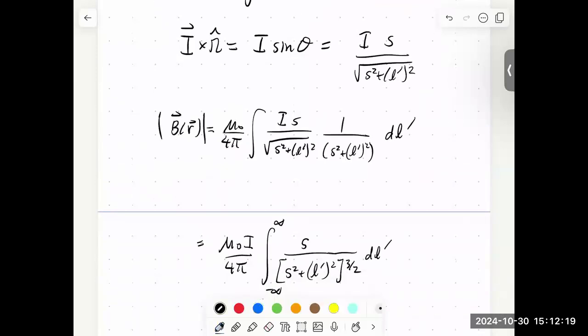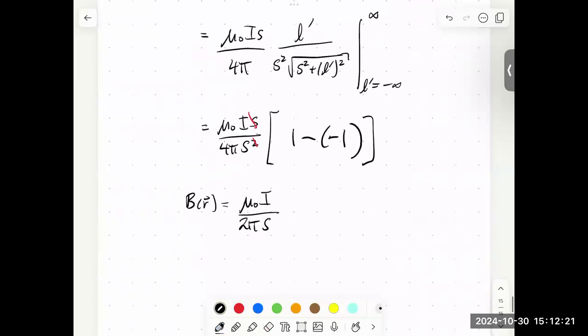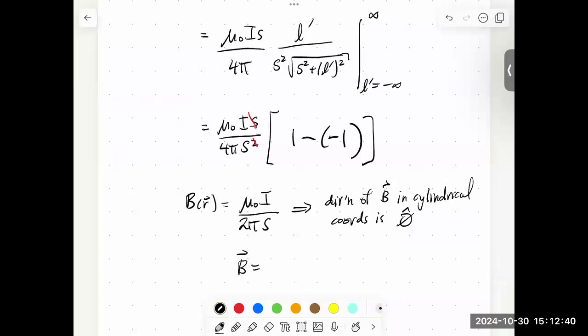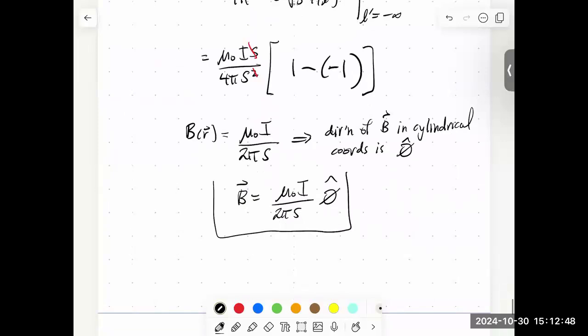Let's just say we're trying to find the magnitude of this right now. And so the direction of B in cylindrical coordinates is theta hat. And so B is equal to mu naught I over 2 pi s. I think they use phi in cylindrical coordinates, right? Is that right? Okay, good.